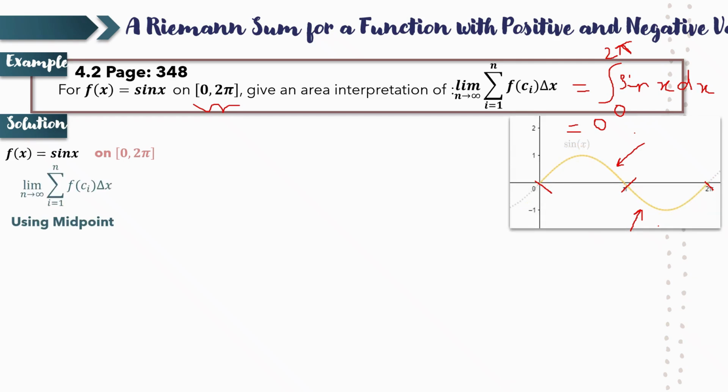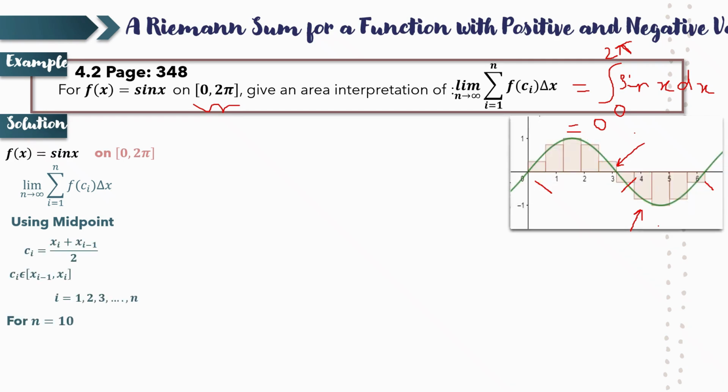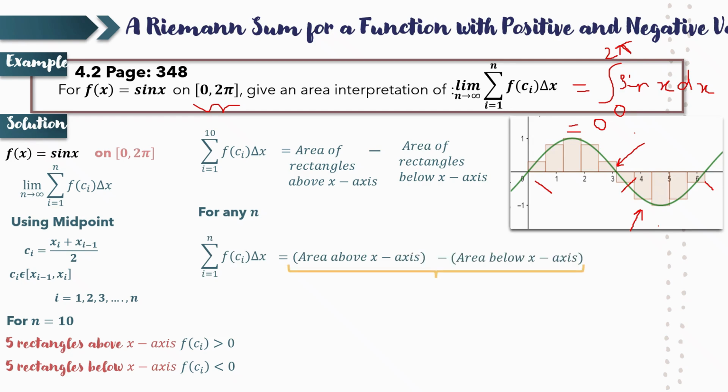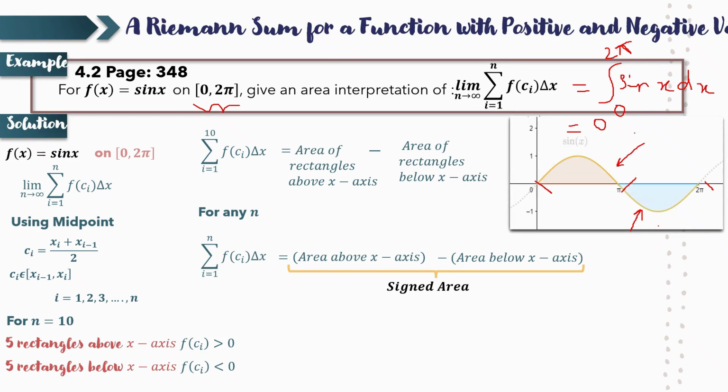So when you club together from 0 to 2 pi, positive value and an equal amount of negative value result in 0. Say we randomly pick n as 10: 5 rectangles above the x-axis and 5 below the x-axis, and we club them to know the answer. And of course you will get 0, because the area of rectangles above the x-axis and below the x-axis is the negative of each other, so plus and minus give 0. Automatically you conclude the answer as 0.